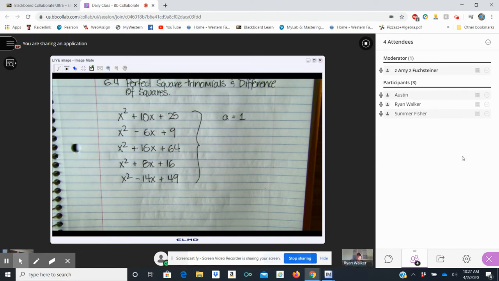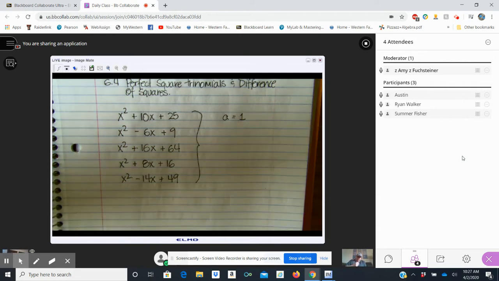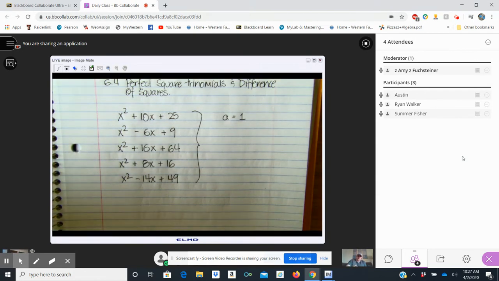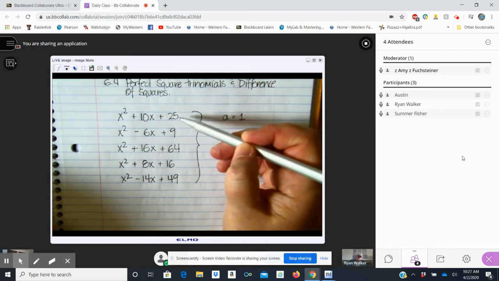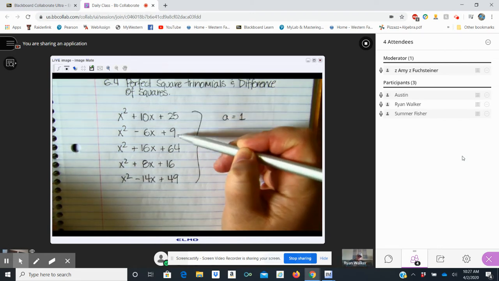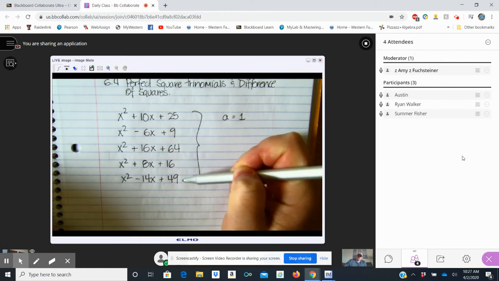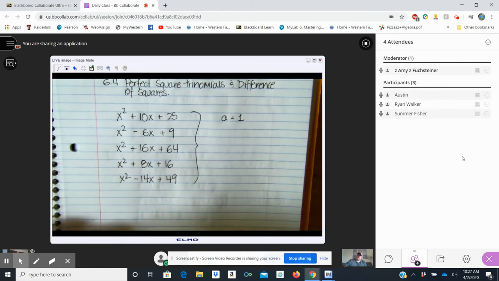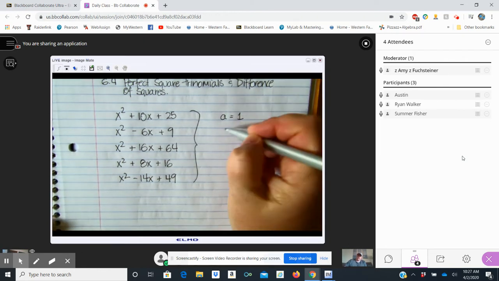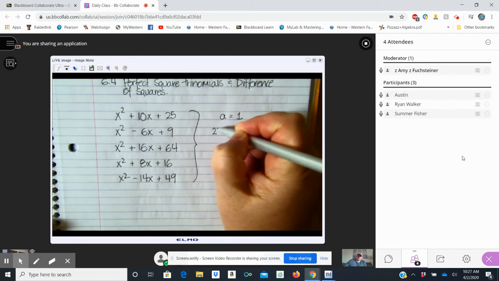They're all the number times the same number to get the last coefficient. Actually, half of the middle number is double the. Okay, go with that last one again. What are you trying to tell me about the last one? The 25, the 9, the 64, the 16, the 49? The number is times itself twice.